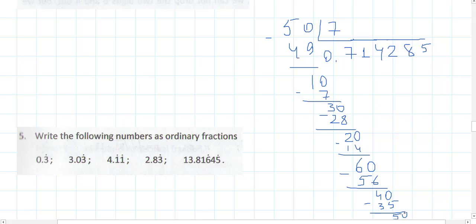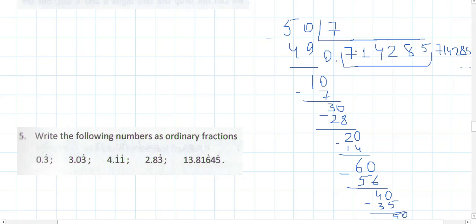Here if we do 0 again, we will repeat this part. So it means this one is the repeating part. Then after this one we have again 7, 1, 4, 2, 8, 5, and so on.